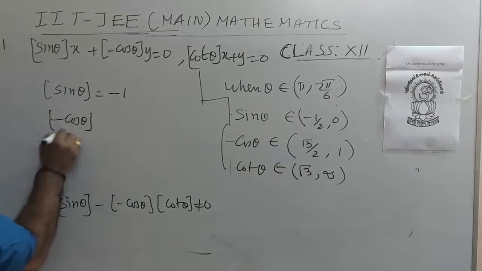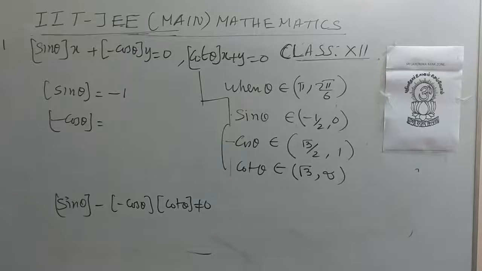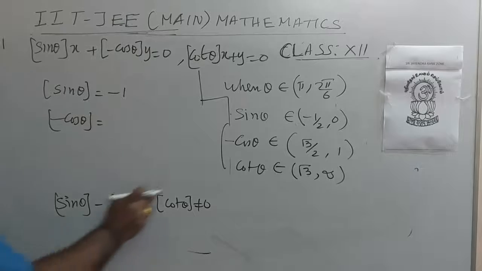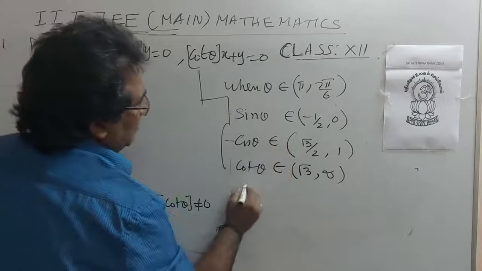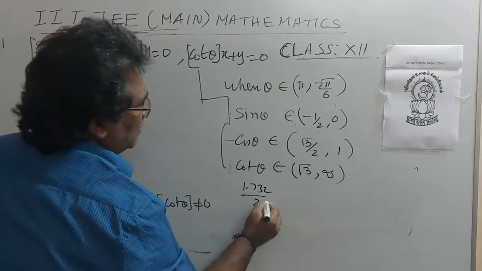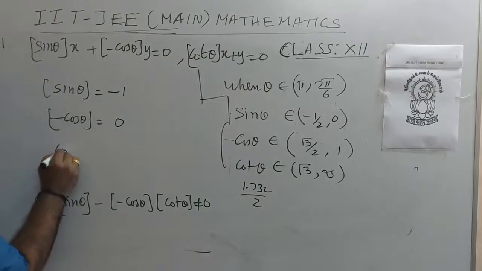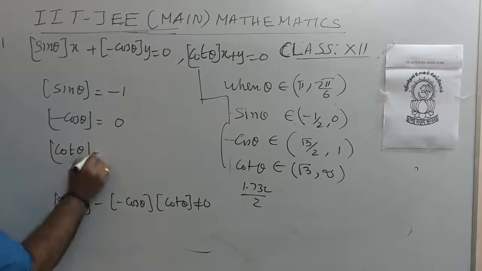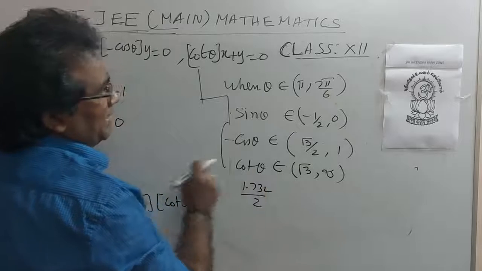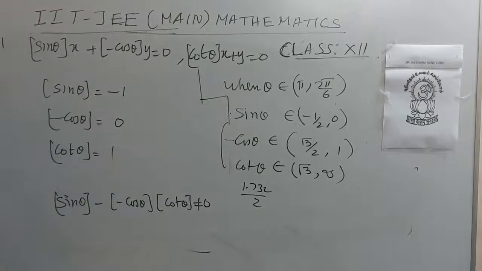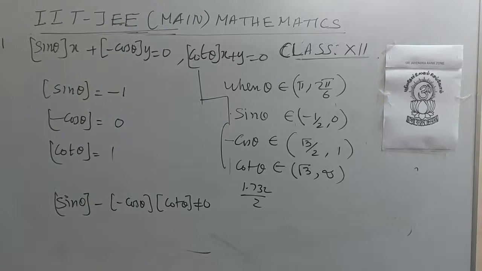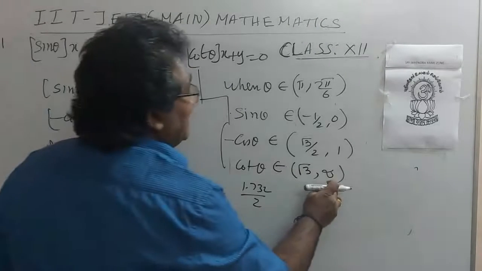For minus cos theta, which lies between root 3 by 2 and 1, the decimal values give greatest integer 0. For cot theta, from root 3, 1.732, the greatest integer is 1, up to infinity.